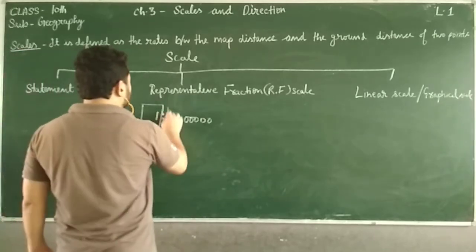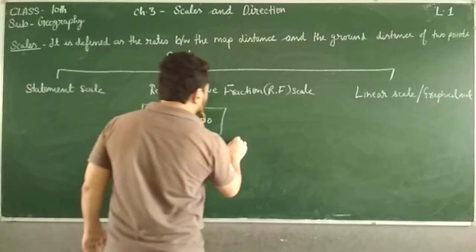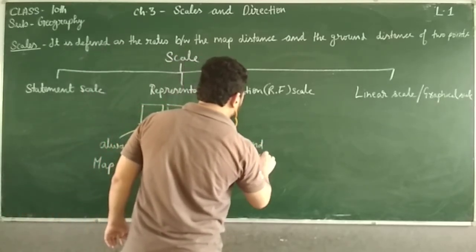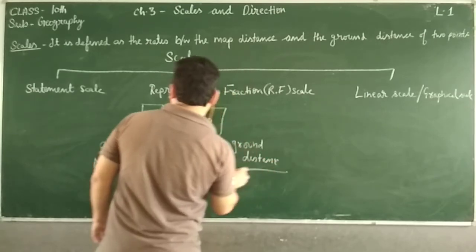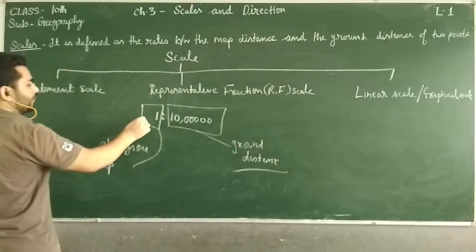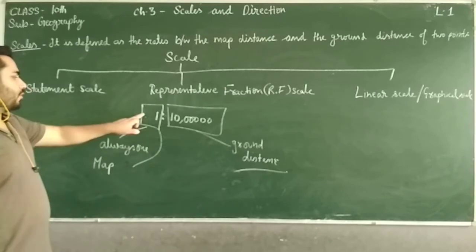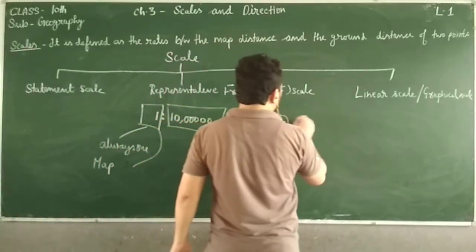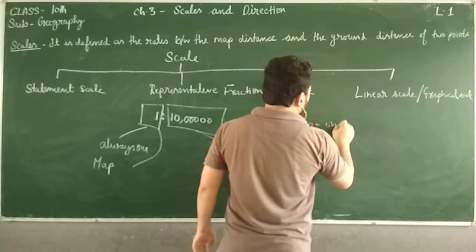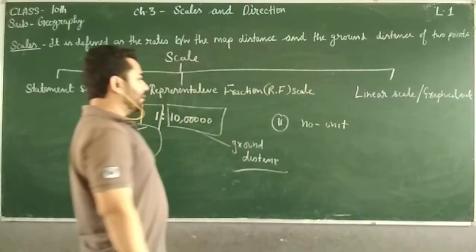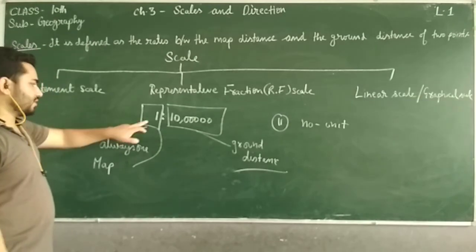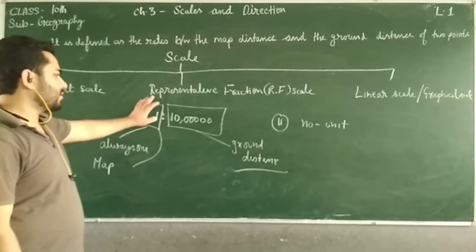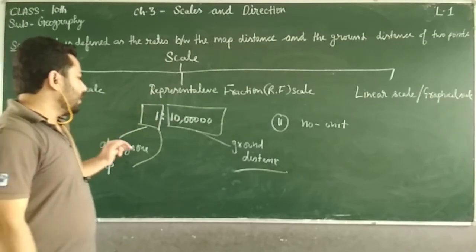The other one is ground distance, and it can be anything. The portion on the map will always be unitary, that is 1. And the second feature is that there will be no unit, neither meter nor centimeter nor kilometer. Nothing will be there, just fractions.